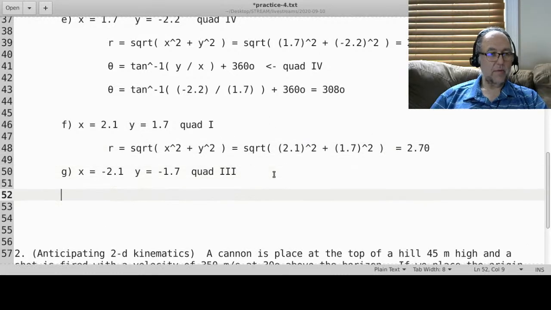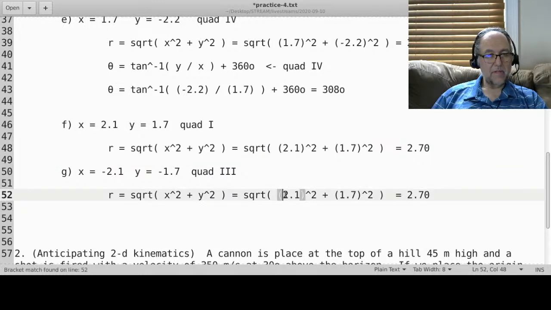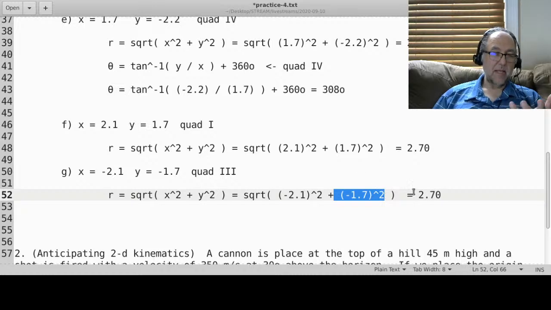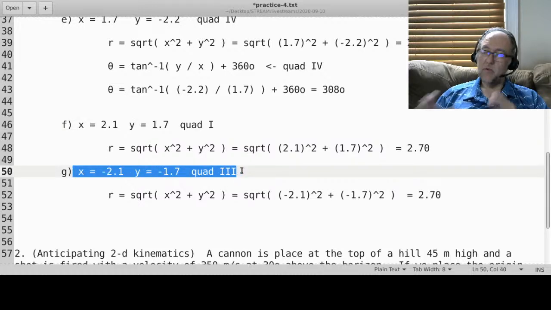If you do this for the second one, you get the same answer, because it doesn't matter that it's negative 2.1 and negative 1.7, because when you square negative 2.1, the negative goes away, and that's the same as squaring 2.1. And when you square negative 1.7, that's the same as 1.7, and so you get the same answer both ways. So both of these vectors, even though they're in different quadrants, are the exact same length. They're the exact same size. They're both 2.7, I guess, meters, or whatever the units are here.